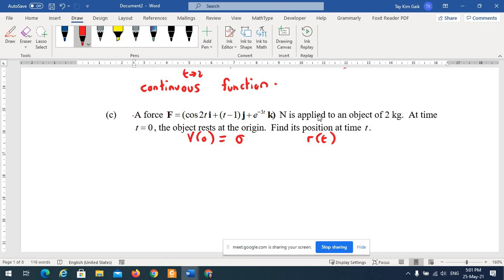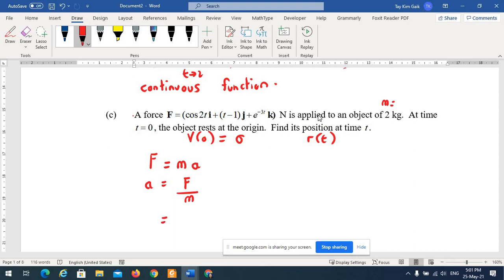And from physics, you know that F equals the mass times acceleration, F equals ma. m is given here, m equal to 2. F is given here. So the acceleration vector a is F divided by m.